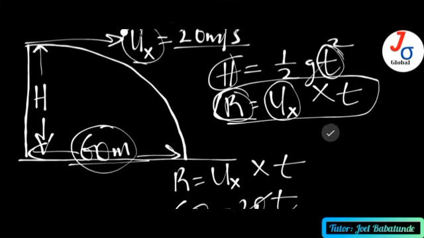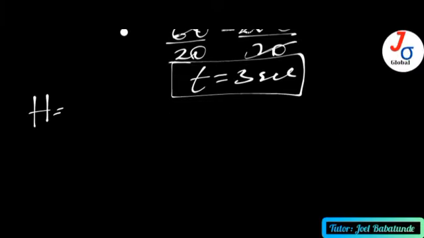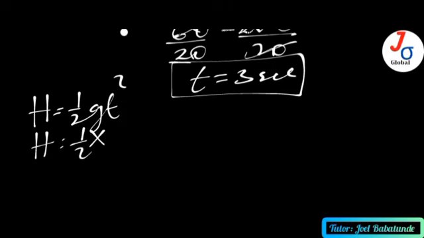So can I calculate my height? Yes, using the formula h equals half g t squared. So h now becomes half multiplied by g. They don't give us the value of g, but I know the value of g is 10, then multiplied by t, which is 3, squared.